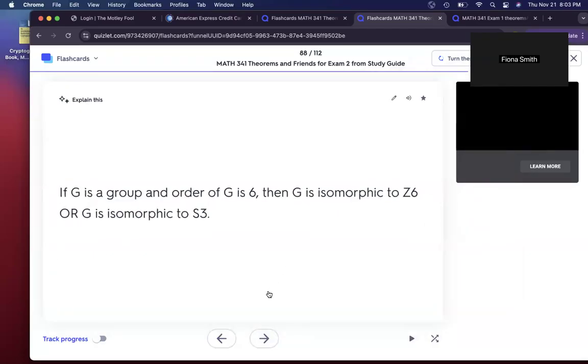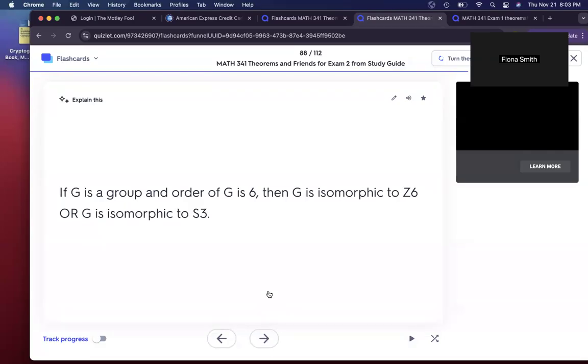In theorem 8.9, if G is a group and the order of G is 6, then G is isomorphic to Z6, or G is isomorphic to S3. The trick here for this one is if G is abelian, then G is isomorphic to Z6, right? The additive group of integers is abelian.